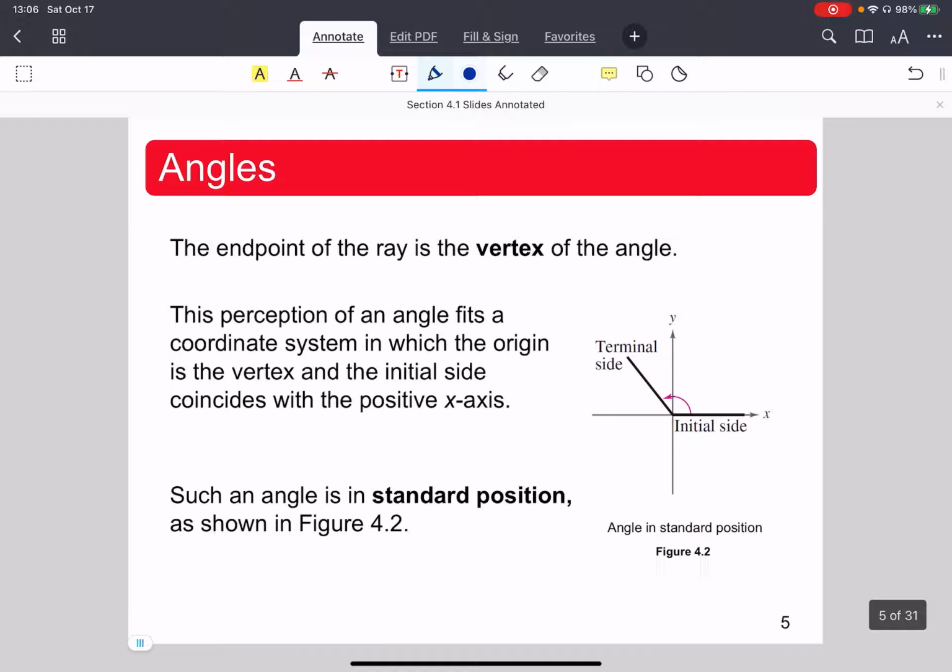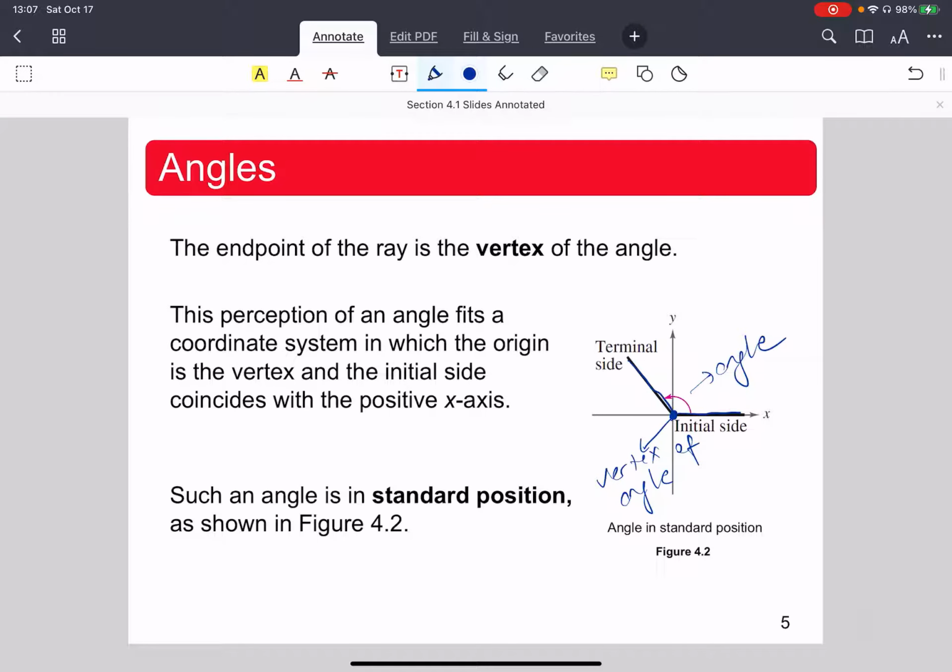The endpoint of the ray is the vertex of the angle. This perception of an angle fits a coordinate system in which the origin is the vertex and the initial side coincides with the positive x-axis. As you can see, this origin becomes the vertex of the angle now. The angle itself is right here, and then we still have the initial side and the terminal side.